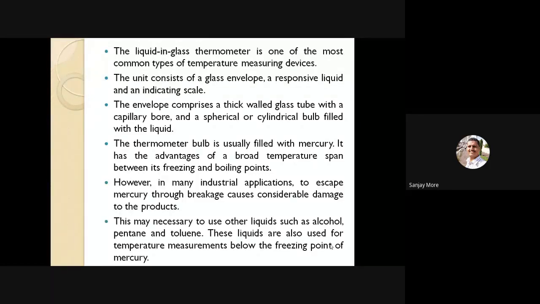Next point, second. It consists of a glass envelope, a responsive liquid, and an indicating scale. Full stop and next line.